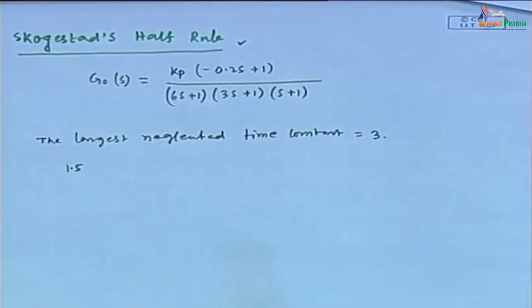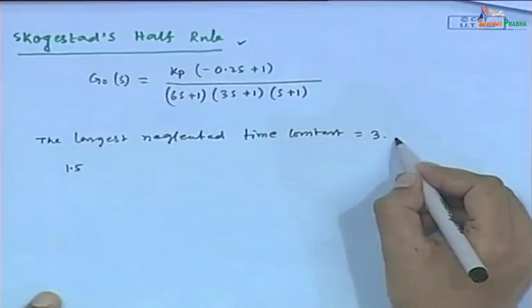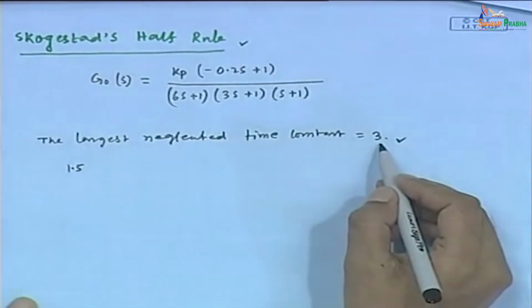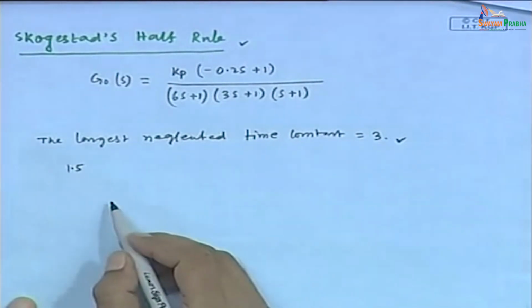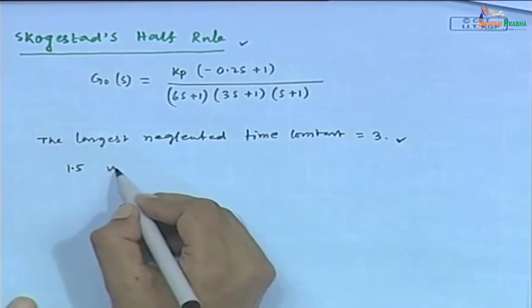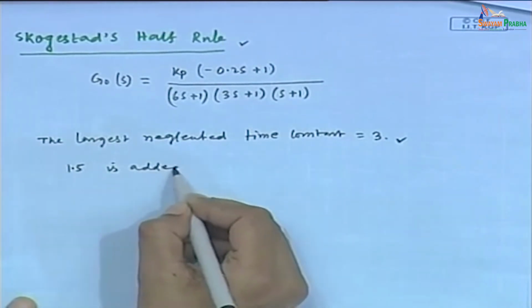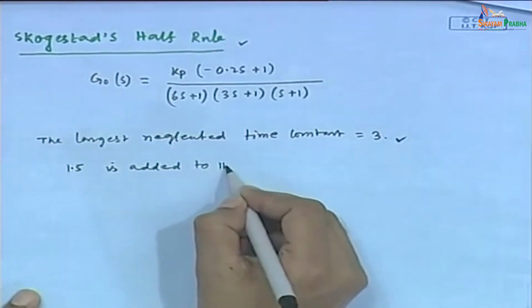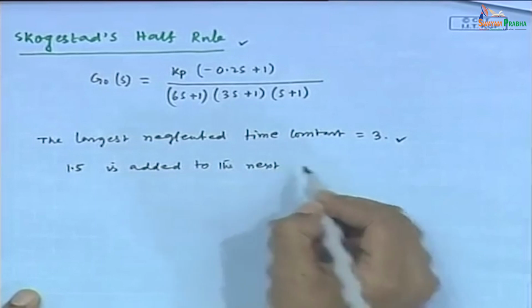Try to remember the steps. In the Taylor method, the largest neglected time constant considered is 3. According to the Skogestad's half rule, 50% of this value, that is 1.5, is added to the next largest time constant.